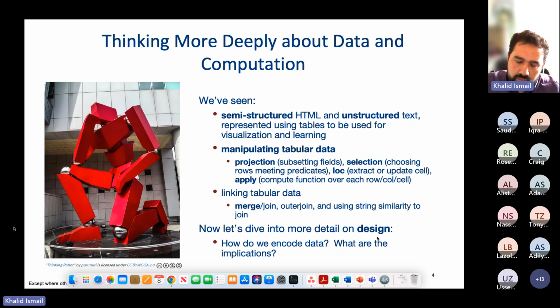If someone would like to make software, for example, I think some of you do not have a software background, but say you're working in a software company and a client came to you to make software. The first thing you need to do is the design, okay? And a part of this design is designing your data, right? How are we able to encode our data and what are the implications of this encoding for the data.